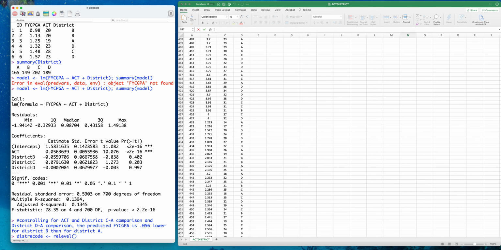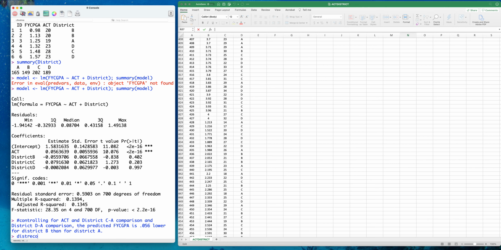So I can just put district there, and I can put, what do we use there? I forget what we call that. I'm just having a complete brain freeze here, and I'm not even eating ice cream. Is it level? Let me get some help on the relevel.